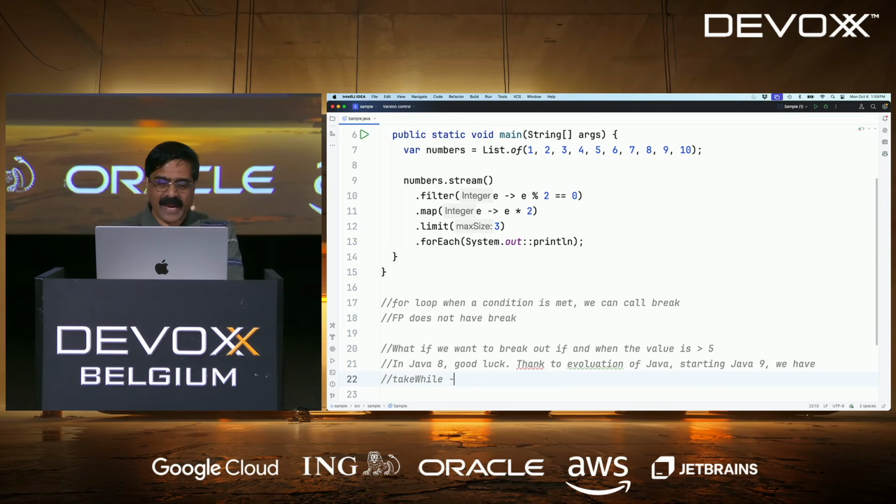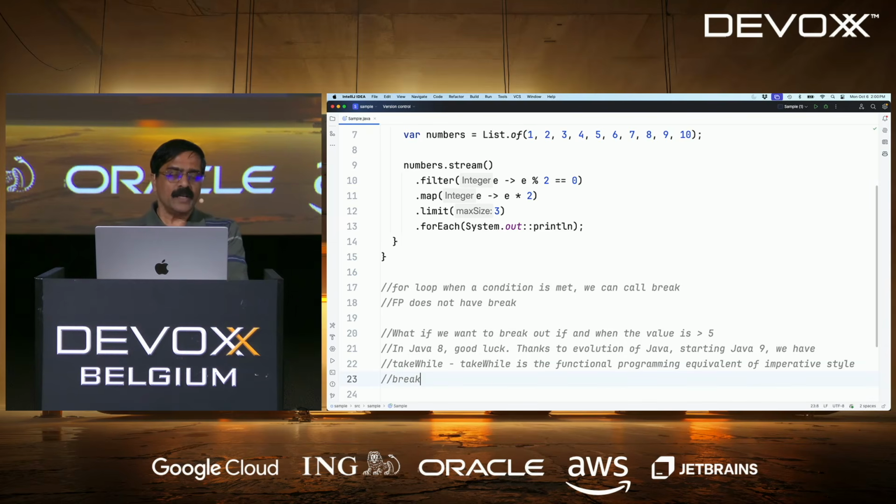You could argue it is the functional programming evolution, essentially the functional programming equivalent of the imperative style break. So takeWhile is your break in functional programming.